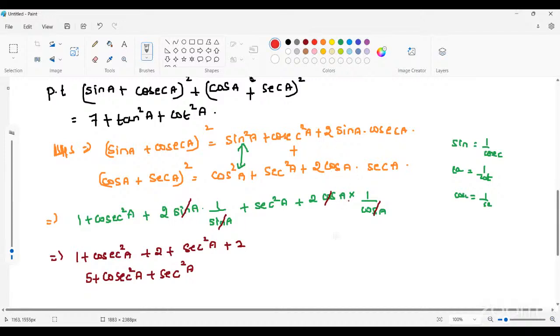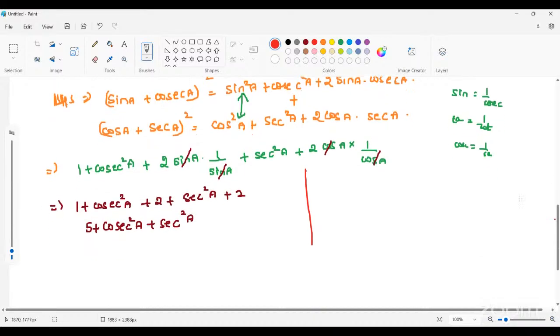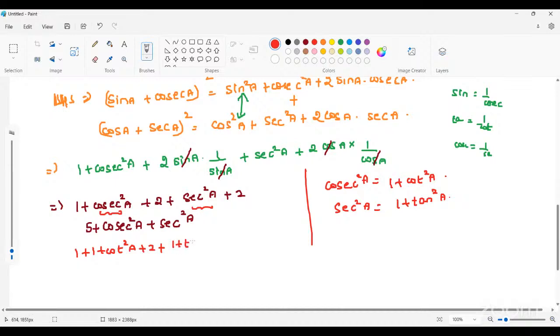We can write cosecant square A as 1 plus cot square A. And we can write secant square A as 1 plus tan square A. So now we are going to write this as 1 plus cot square A plus 2 plus secant square A, which we are going to write as 1 plus tan square A, plus 2 plus 5.